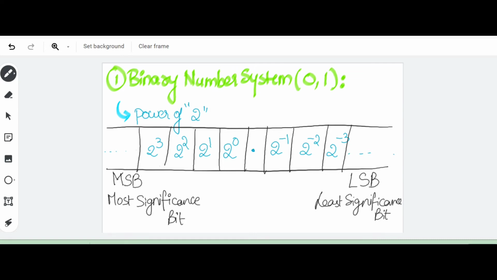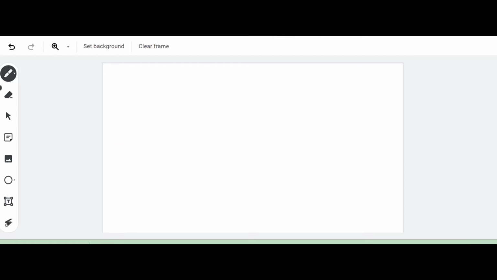Now let's take one quick example and represent this in the power of 2 so that you will understand it in an easier way. Let me take one simple number and represent it in the power of 2.